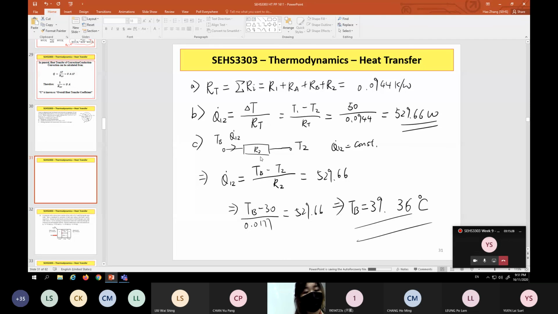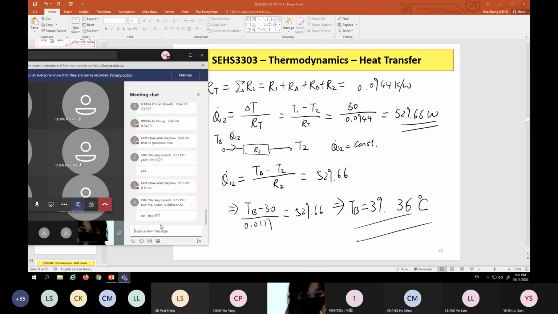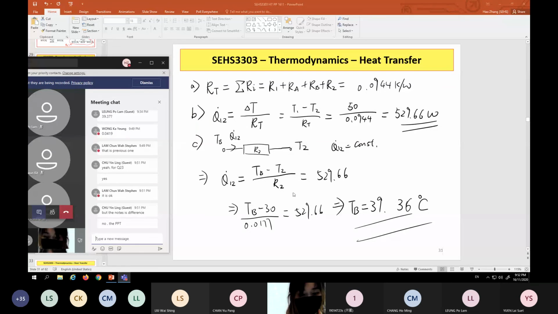The larger temperature minus the lower temperature. Okay, so should be TB minus T2. But nose is different. The solution of Professor Liang or no, the PPT. This one.